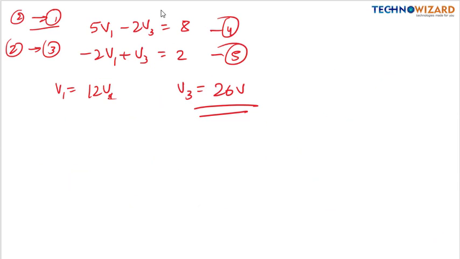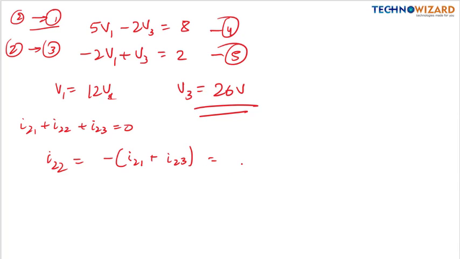So by applying KCL I can write I21 plus I22 plus I23 is equal to 0. We have to find I22, so I22 is equal to minus of I21 plus I23.